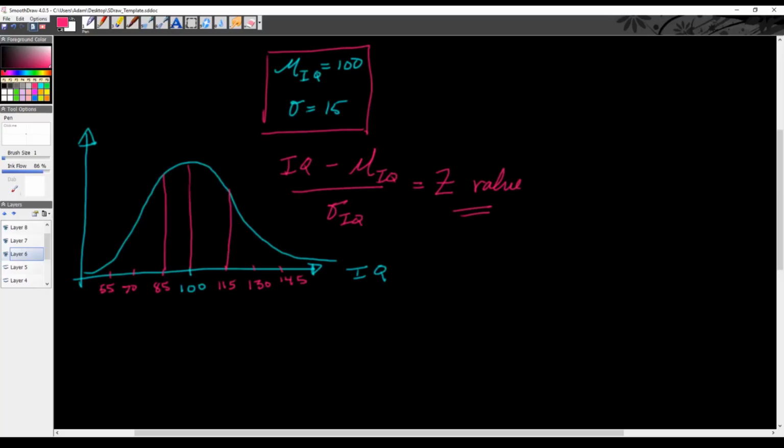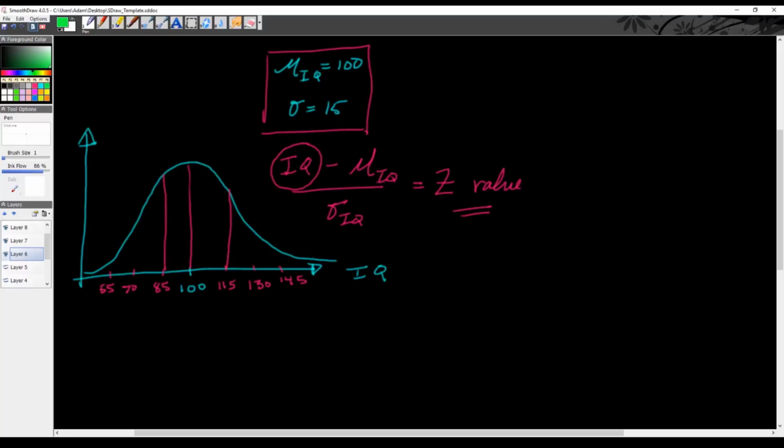When you normalize a value, essentially what you're doing when you subtract out the mean and divide by the standard deviation is you're looking at how many standard deviations a particular value of the variable is from the mean. Take that full distance and divide that by standard deviation, you get 5, and that means that particular IQ is 5 standard deviations from the mean.